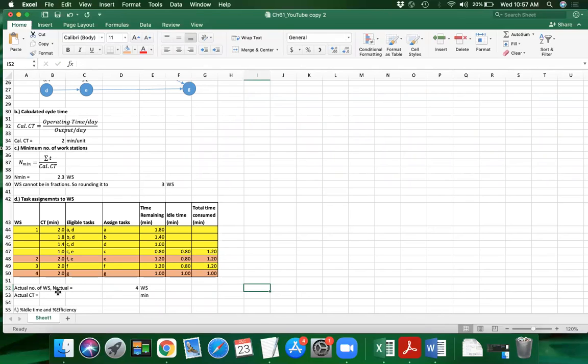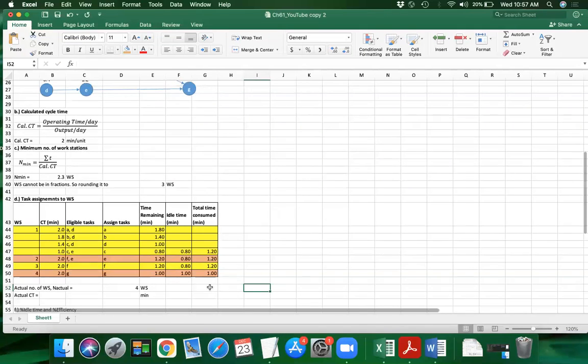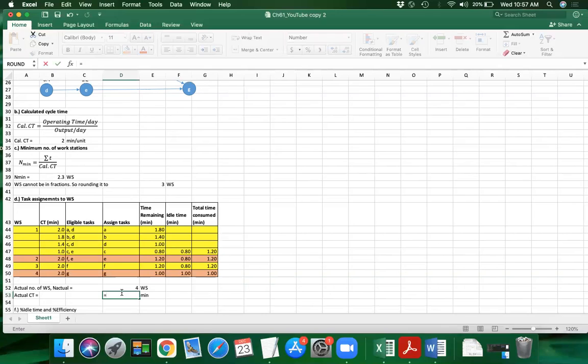Okay, and that's okay. Now we need to calculate the actual cycle time. The actual cycle time will be given by the maximum of the time consumed here. So what I'll do here, I'll say equals max of all this time consumed, which is, we know, 1.2 minutes. So it's good to put in the formulas. So 1.2 minutes is the actual cycle time.